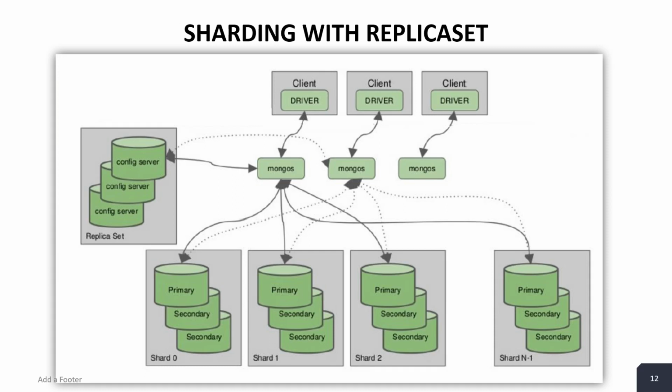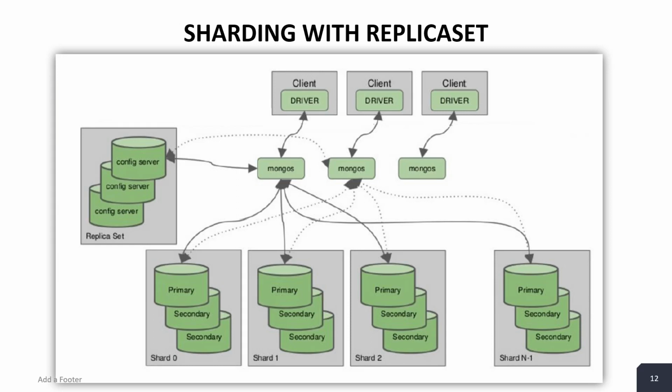We talked about the components of sharding, which are the configuration server, which stores the metadata, the mongos process, which acts as a query router, and the actual data that is stored inside the sharded cluster, which is also called a replica set. So this is an architecture with complete high availability for MongoDB, where we have the replica set enabled for the various shards, and the data is distributed across multiple shards.